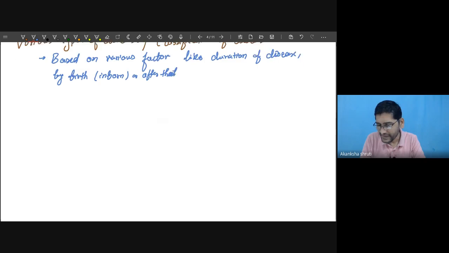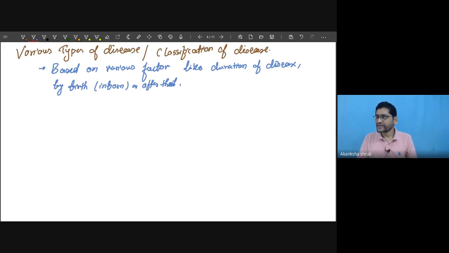There are various other factors, like whether the disease is transmitted from one person to another or not, like communicable, also called infectious, whether it is infecting other people who are near that patient or not.